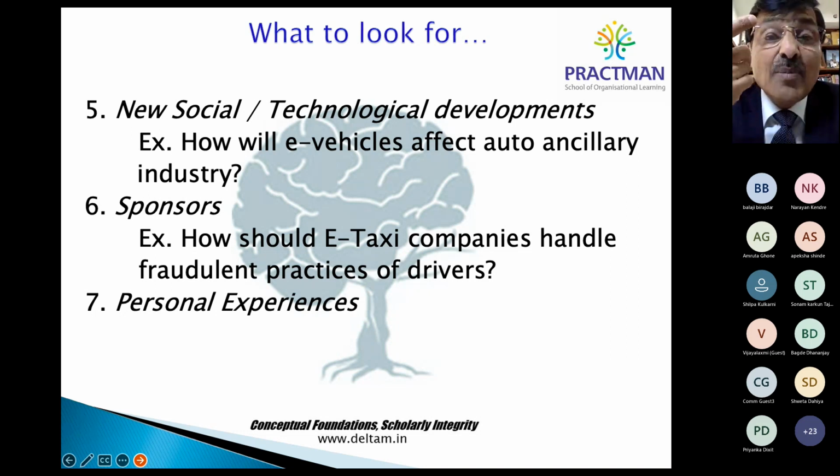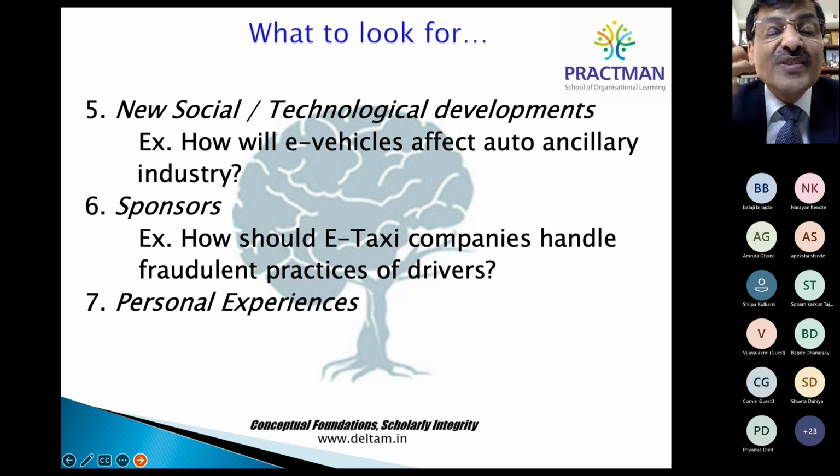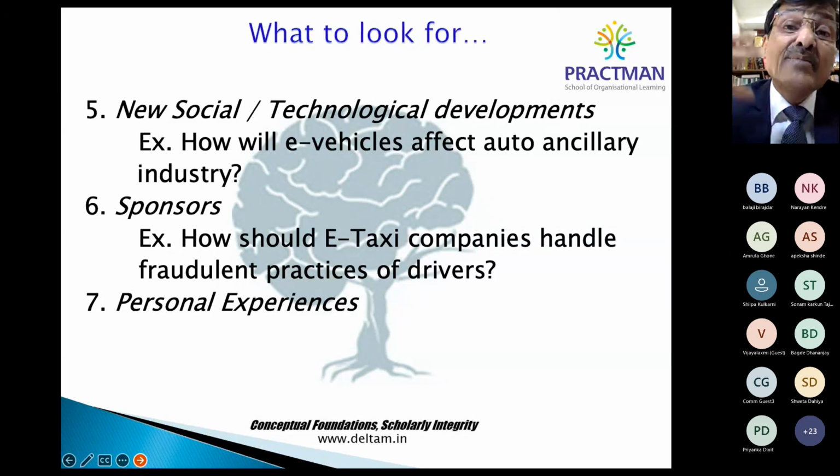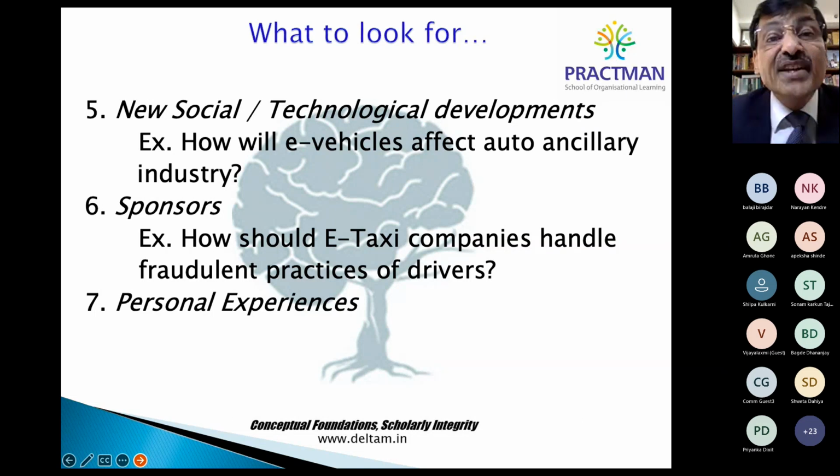And the company wants to curb this. They approach you and they want you to guide them, to advise them. So this is a problem which is brought to you by some sponsor. He is ready to pay for it. From this, not exactly this, but some part may become a broad area of PhD research.